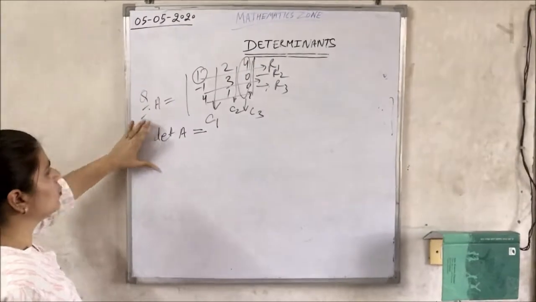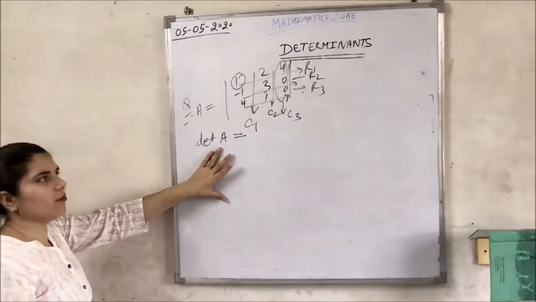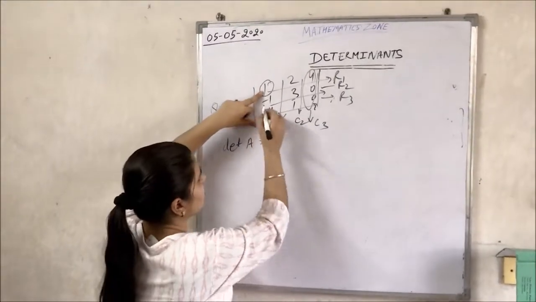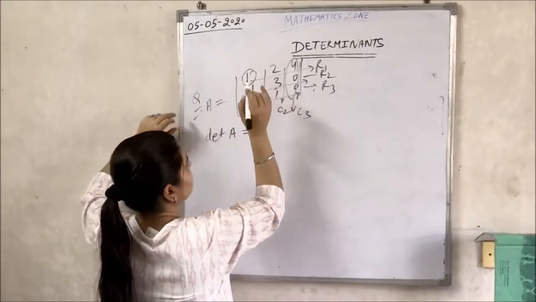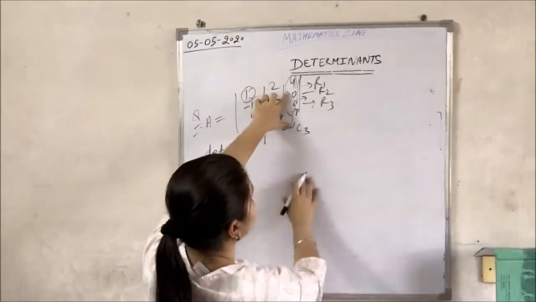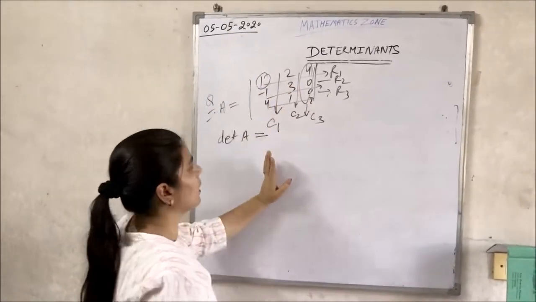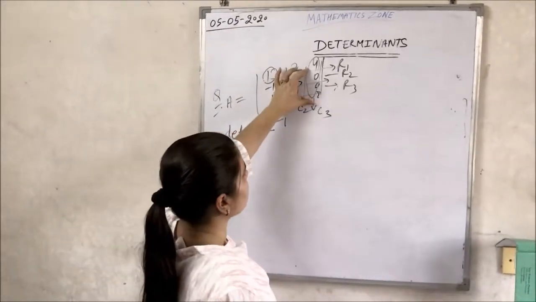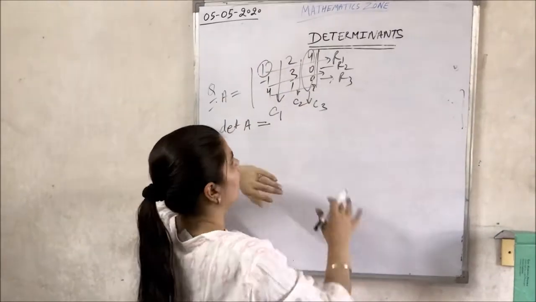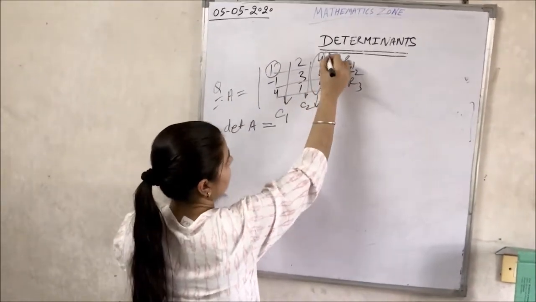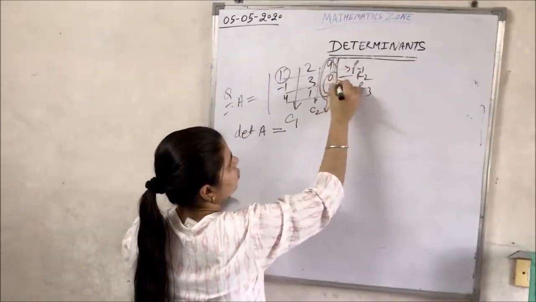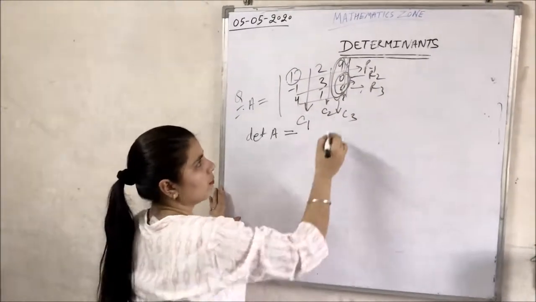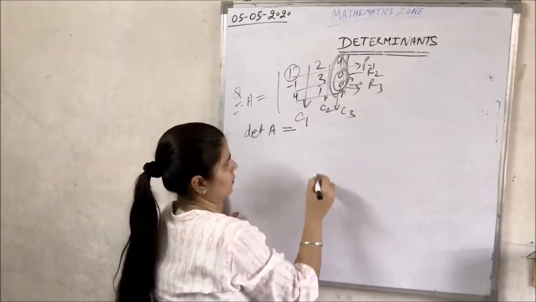Now we are going to calculate the determinant of A. You have to expand along the row or column in which the maximum number of entries are zeros. We can see that in the third column there are 2 entries which are zeros, so we will prefer the third column.